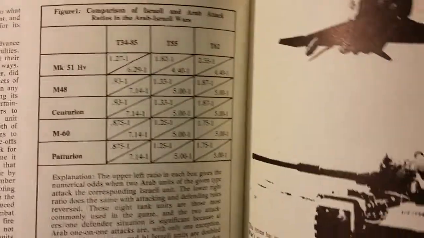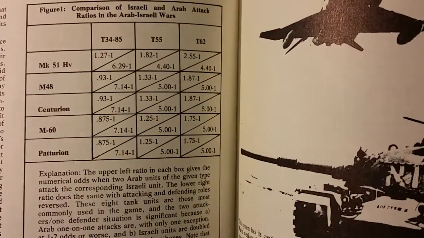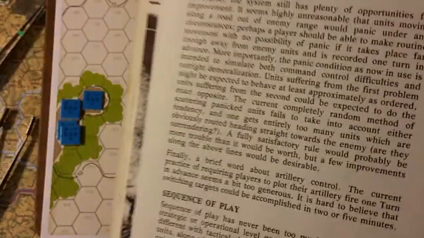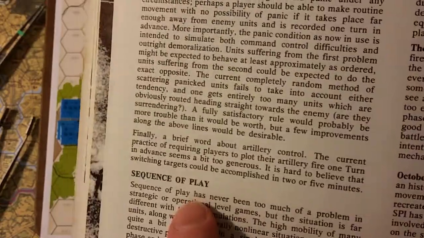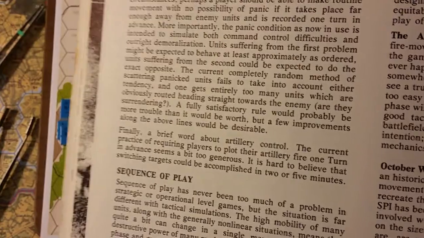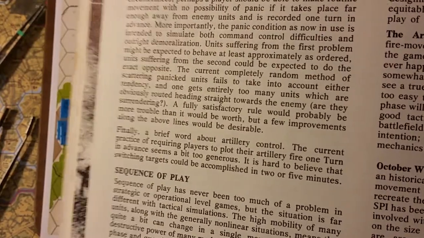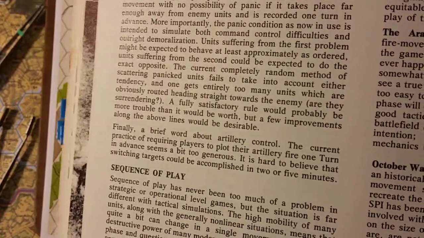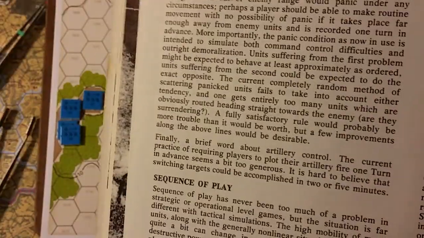So I'm thumbing through here, and right here I see a section labeled sequence of play, which of course is what's been dominating so much of my attention with Troops in Contact. So it's very interesting.